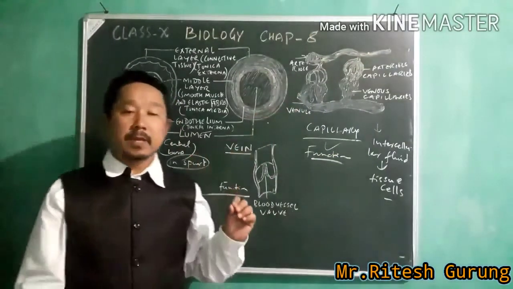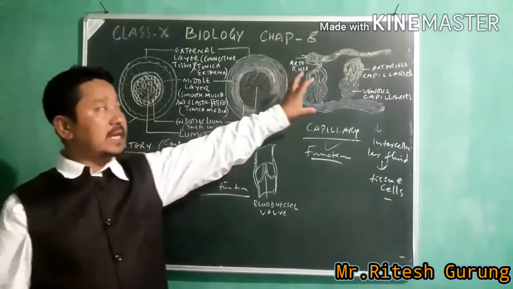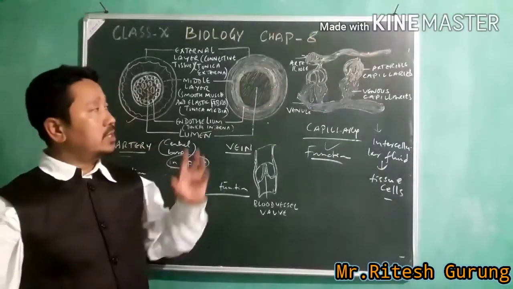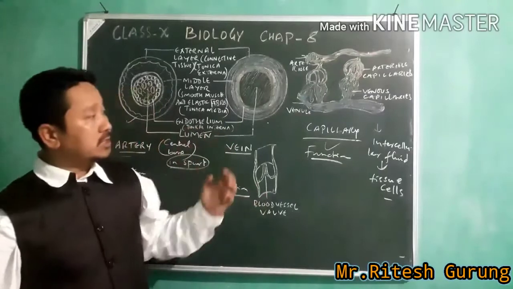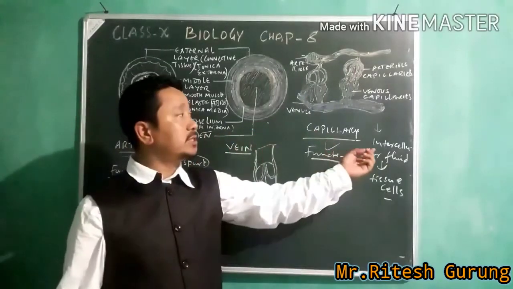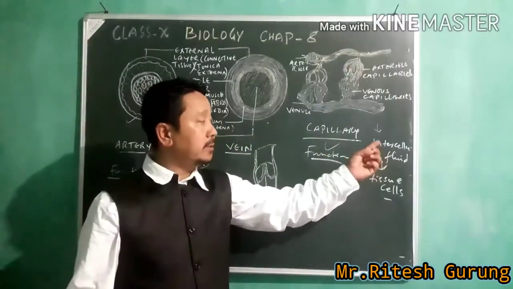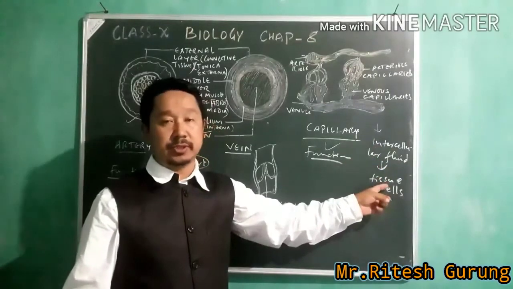Okay, now see, this capillary allows the outward diffusion of oxygen into the intercellular fluid, then into the tissue cells.